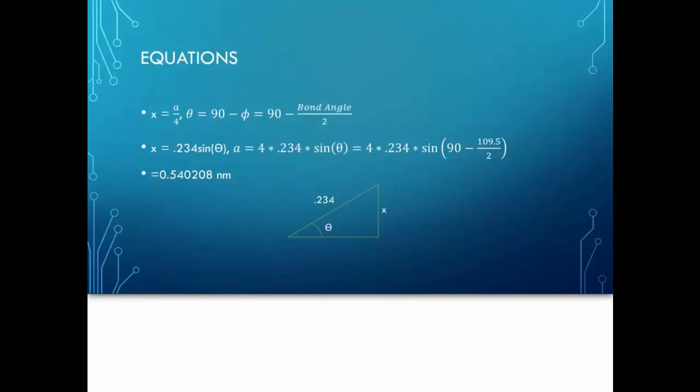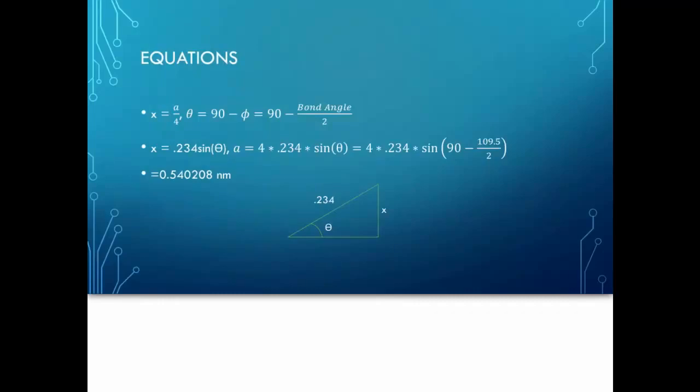We can use this to create a triangle from one of the zinc atoms to the sulfur atoms, with the hypotenuse being 0.234, the height being x. We can determine by just looking at the structure of the zinc sulfur cell that that is 1/4 the side length, and theta, which is our angle, would be 90 minus phi, and we can tell from the book that phi equals the bond angle divided by 2.